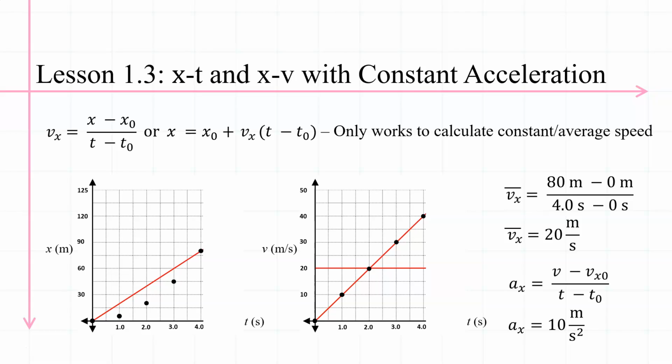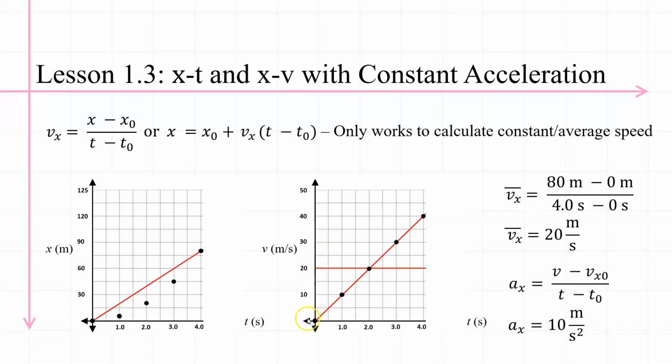And here I'm going to plot my calculated average velocity on the velocity time graph. Now notice that it's an average constant amount. Remember that I just calculated it as if the velocity were constant between 0 and 4 seconds, when I can see from the actual velocity time graph that the velocity was changing between 0 and 4 seconds. Now, a couple of things to notice.